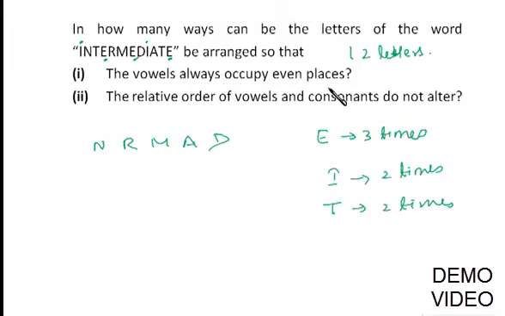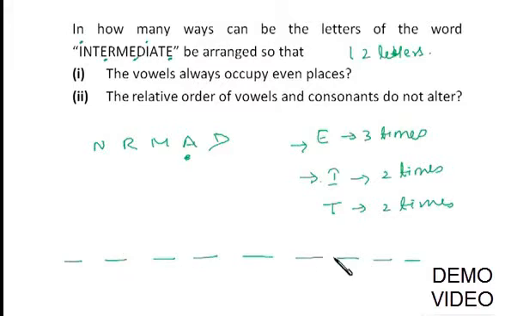The vowels always occupy even places. Now how many vowels do we have? This E, this I, and this A. So we have 6 vowels. Now we have 12 places, 1, 2, 3, 4, 5, 6, 7, 8, 9, 10, 11, 12.